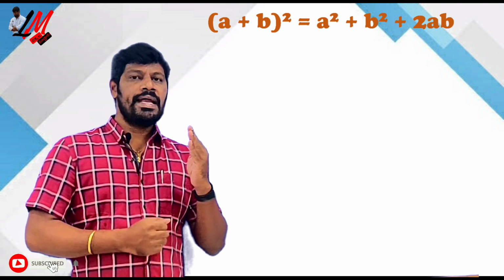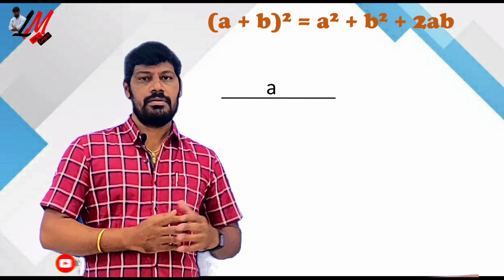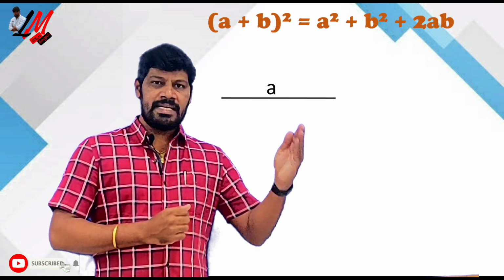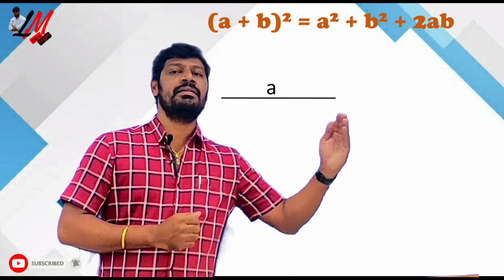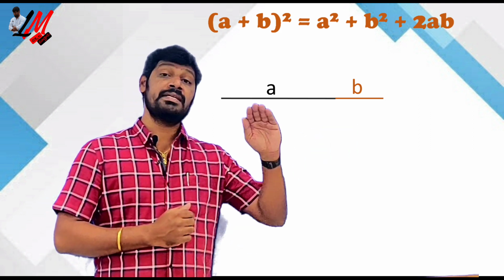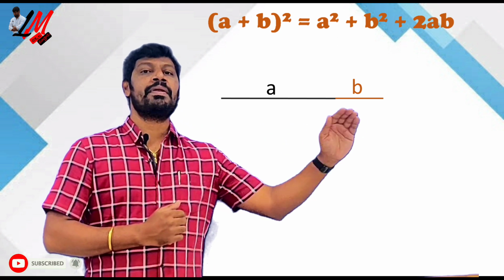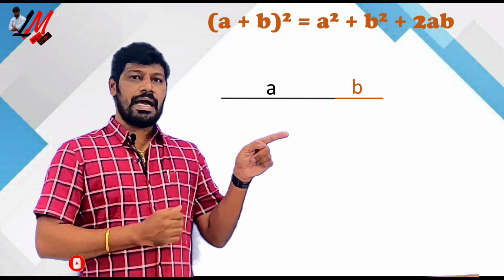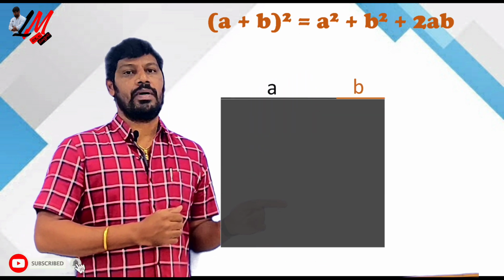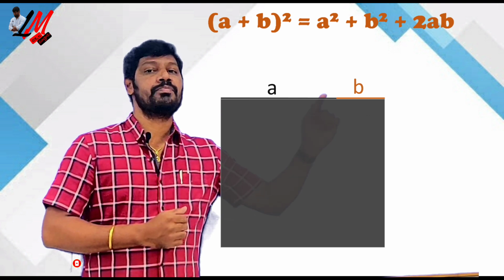Let me take a line segment of length a and extend it by another length b. Now the complete line segment has length a + b. Let me drag this line to form a square. Now this is a square of side a + b.